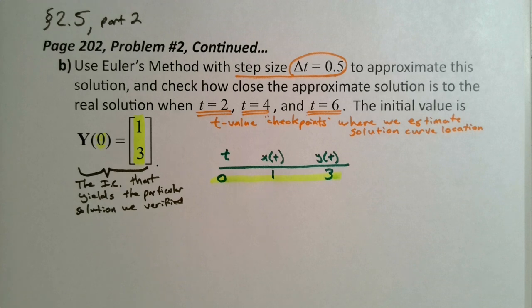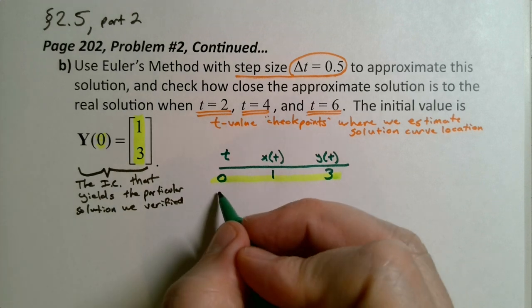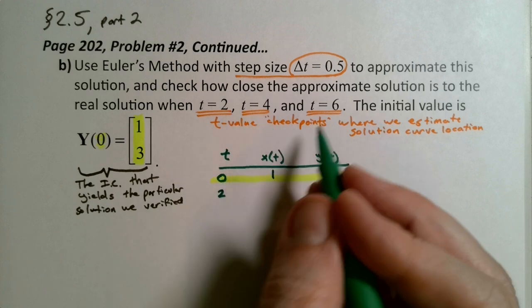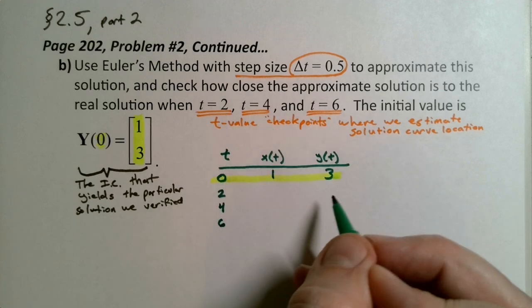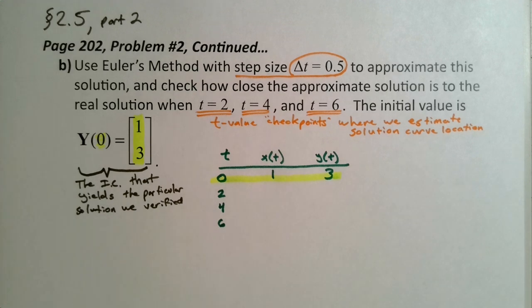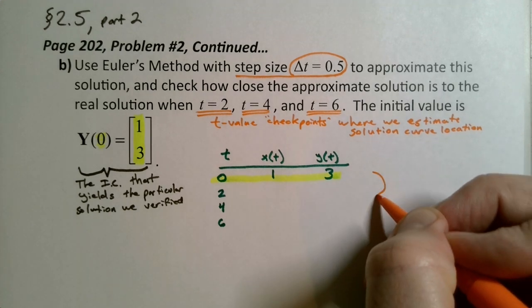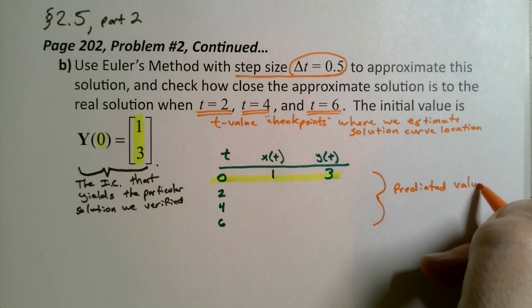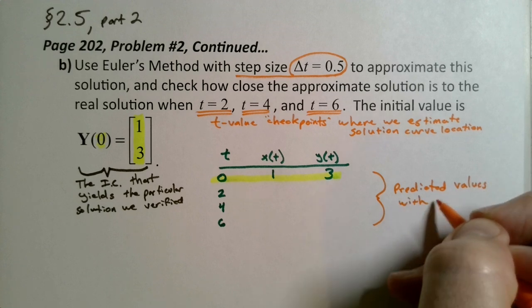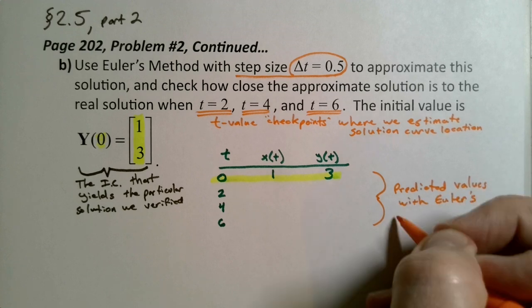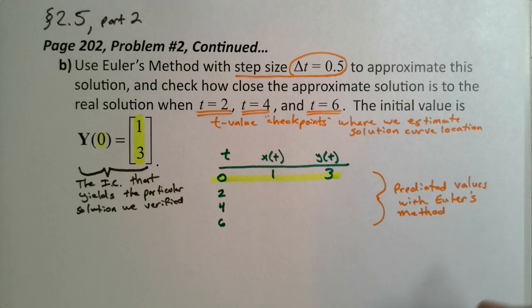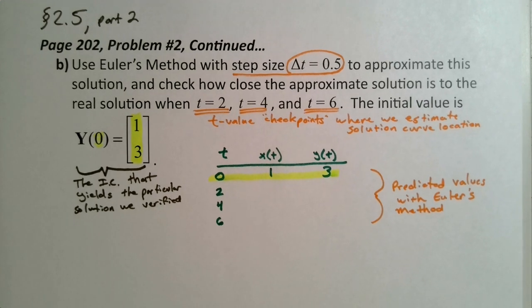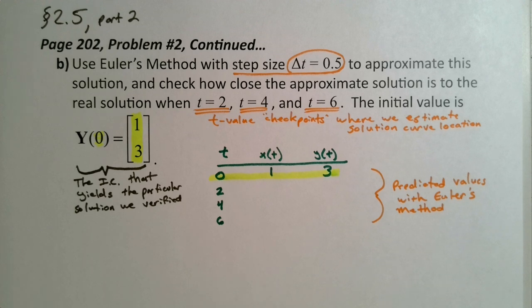So the real question is, what happens when t equals 2 or 4 or 6? What about the x and the y? What does our Euler's method predict? And how does that compare to the actual location? So these are going to be predicted values. And we'll leave a little bit of space down here to fill in the actual values. But we won't do that right now. We'll figure that out in a second.